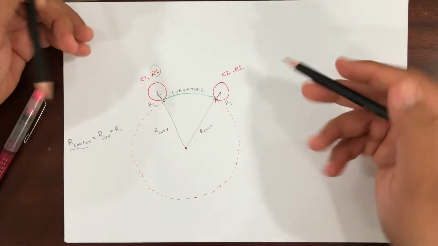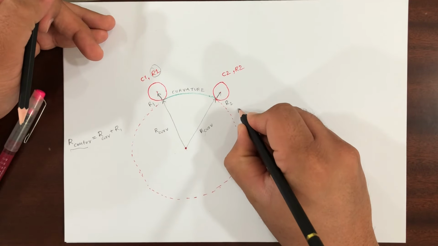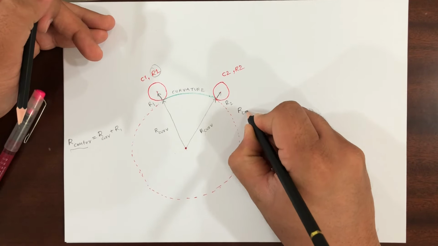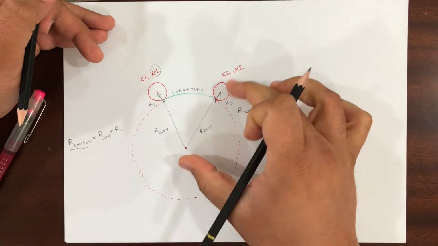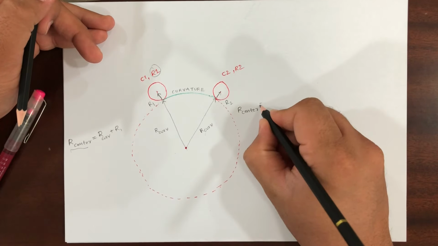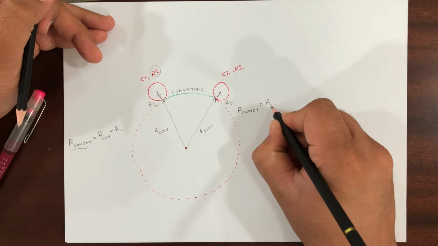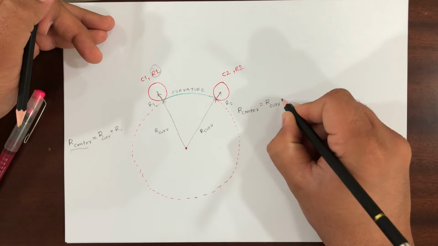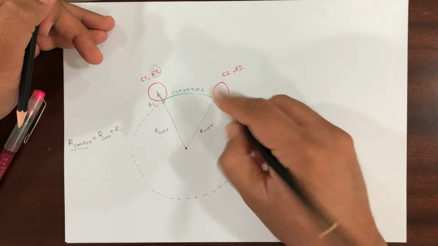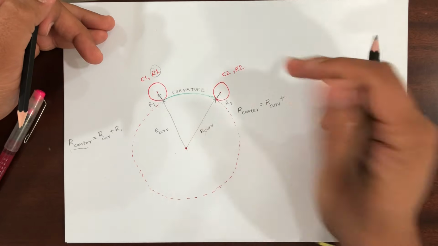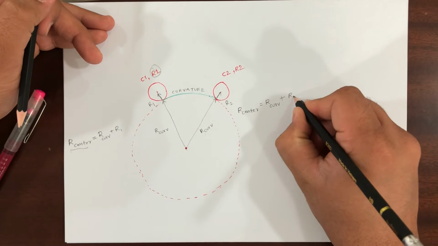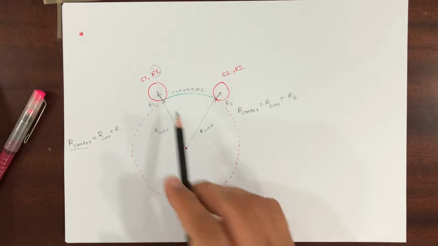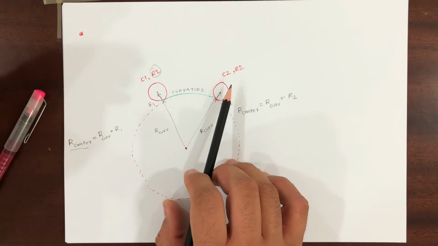Similarly here, R center equals R curvature plus R2. So this is in case of radius 1 and radius 2.